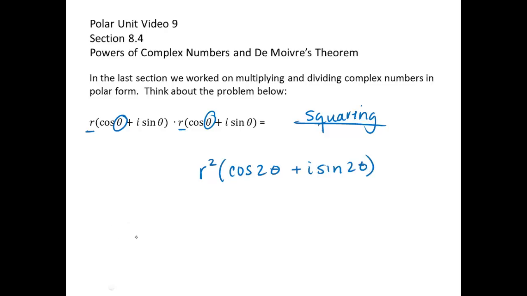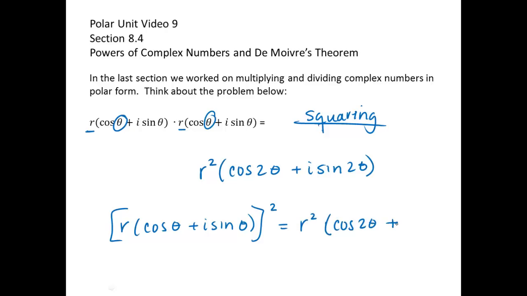So I'm going to write that a little bit shorter. I'm going to say that r cosine of theta plus i sine of theta to the power of 2 will equal r squared times cosine 2 theta plus i sine of 2 theta.